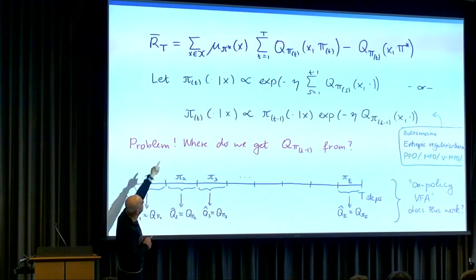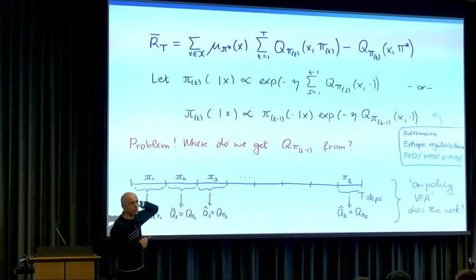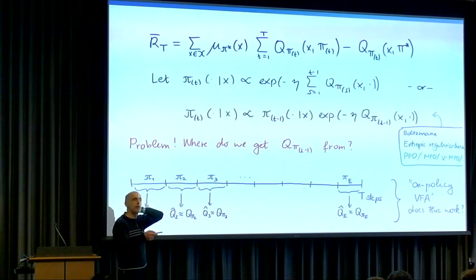So when you execute this policy, you can write this expression for the policy, but where you get this action value function from, well, you need to estimate it, right? So one way of doing this would be to run the policy for a while, get some data, and then estimate its underlying action value function, right?